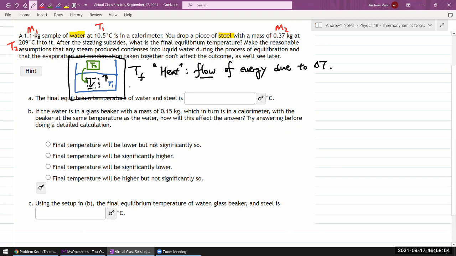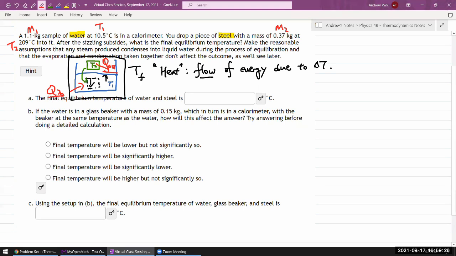As you visualize this process, what we want to describe is the heat flowing out of this object and heat flowing into the water. In a well-insulated calorimeter, I hope you have an intuitive feel that total energy is conserved. So whatever heat comes out of the hotter object has to be equal to the heat input of the colder object.